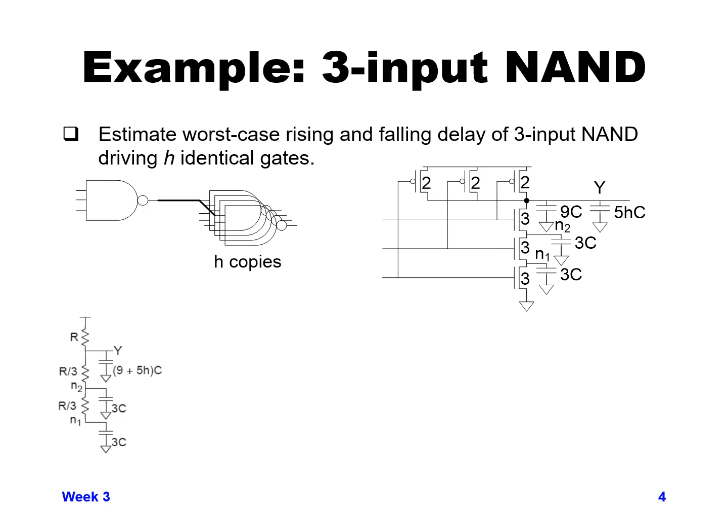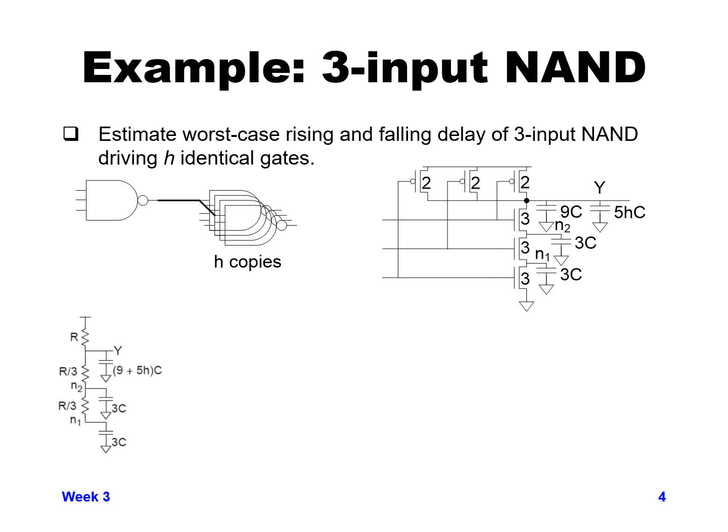So that's why it's showing an R over 3 value connected to a 3C, and then another R over 3 value connected to another 3C, and then the last R over 3 is not connected to anything because it's turned off.